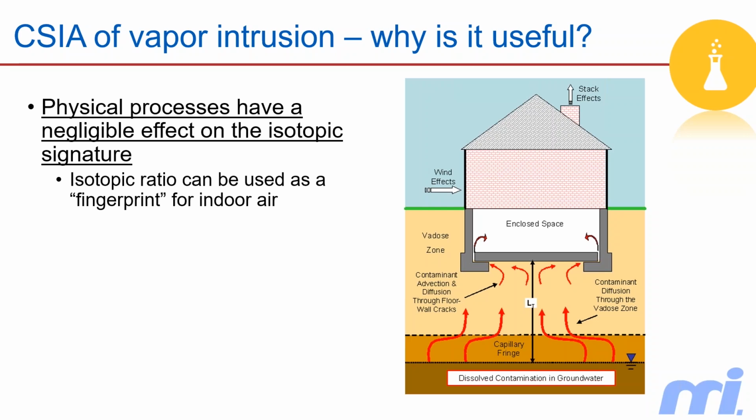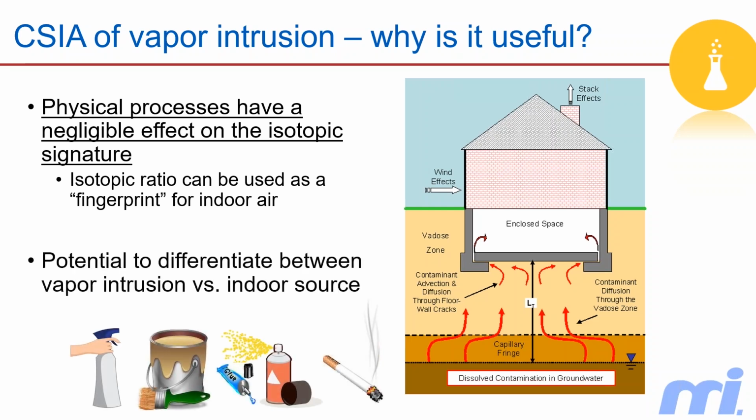And that fingerprint can give us a lot of information because it can help us to understand the fingerprint of that indoor air sample as a whole. And then we can use it to potentially differentiate between what's coming from the subsurface vapor intrusion and what might be from an indoor source, as I alluded to just a moment ago. So what if we're using different chemicals for cleaners? There's paints that are used in our homes.